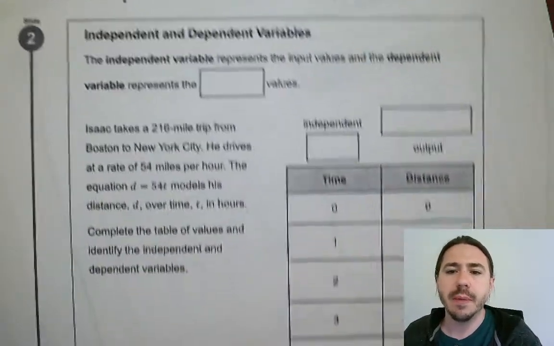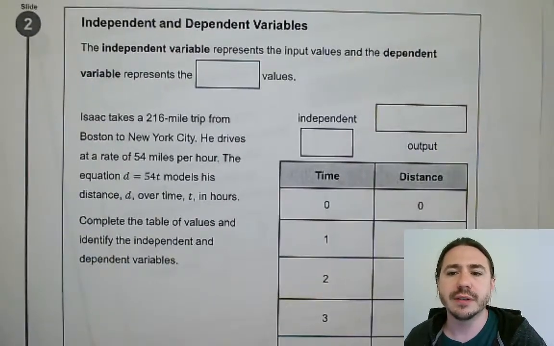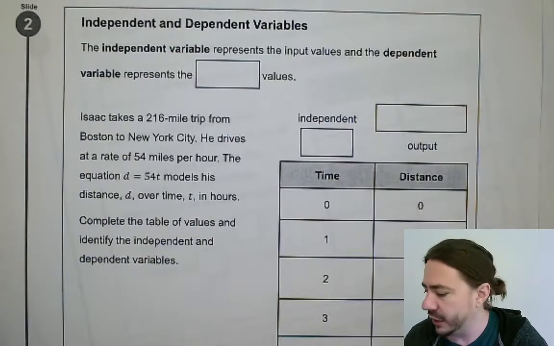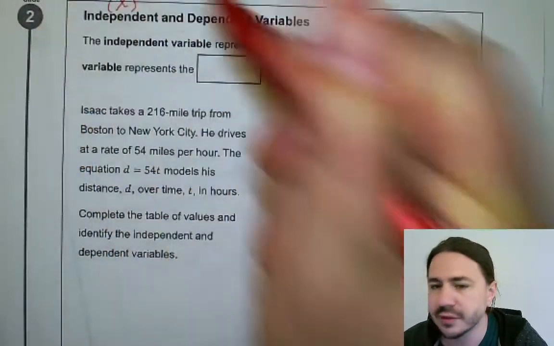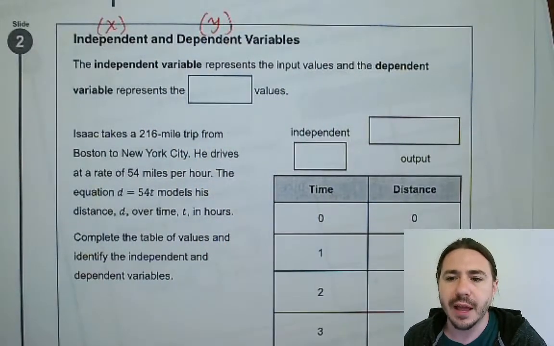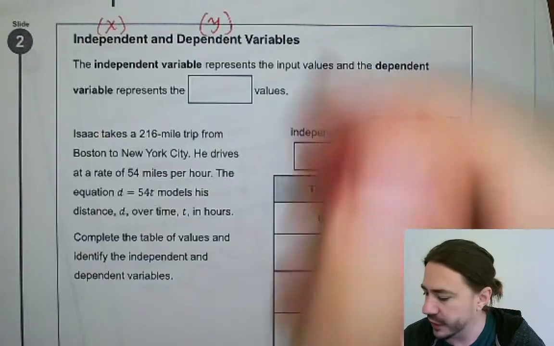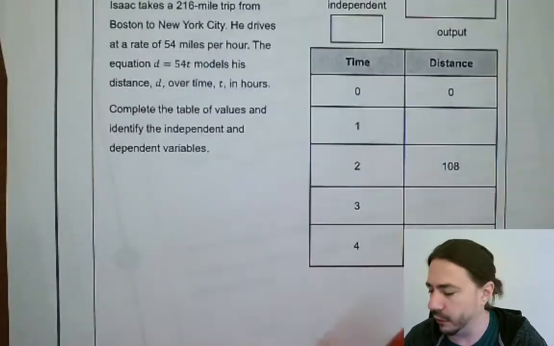So let's talk about independent and dependent variables. The independent variable represents the input values, and is usually x. So independent is usually x, dependent is usually y. And the dependent variable represents the output values. So you've got these associations you should be making, right?